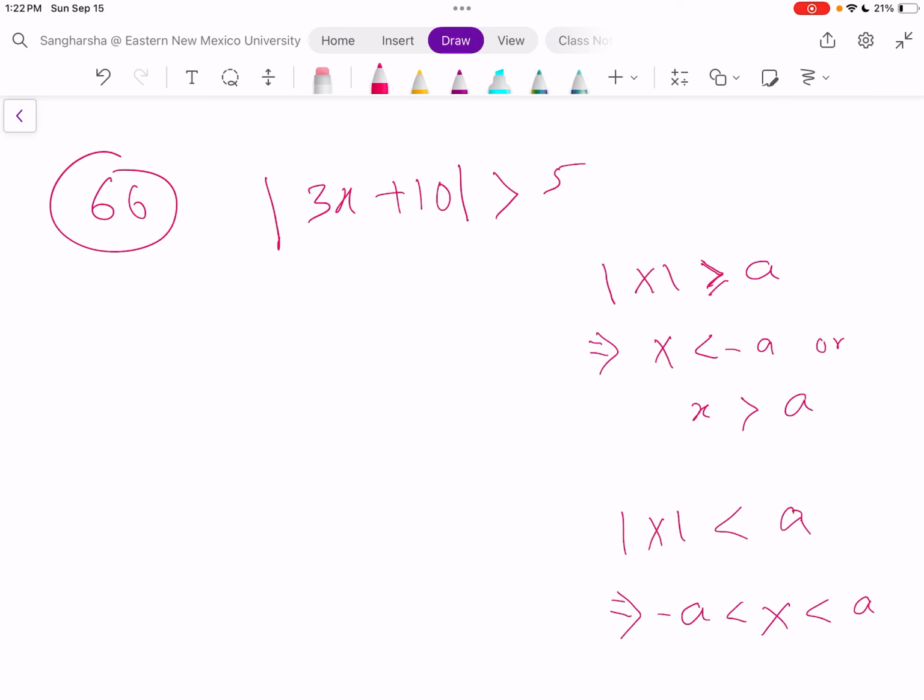Now, we have a greater than sign, so we are going to use this concept to rewrite this inequality without the absolute value sign.